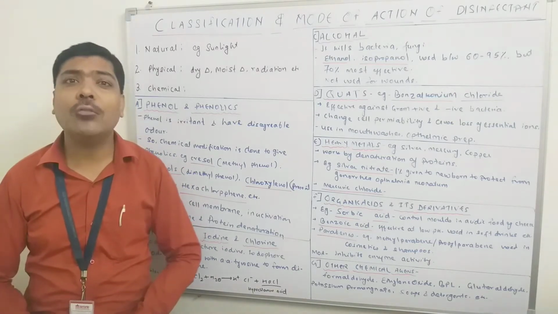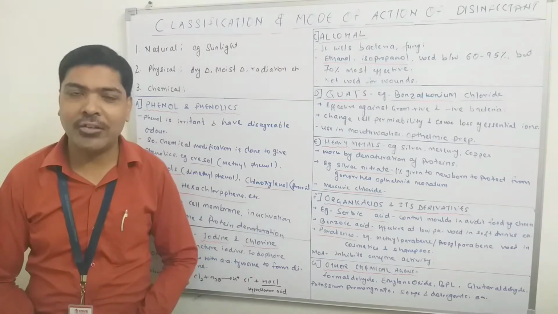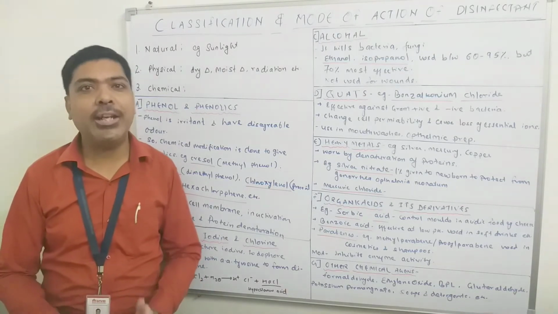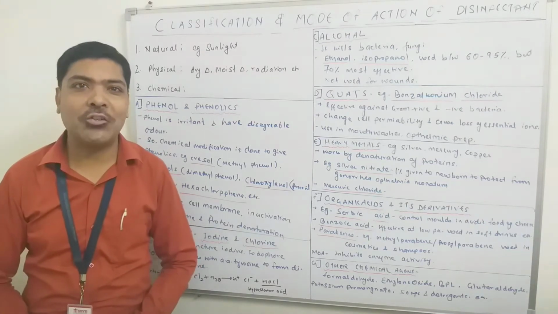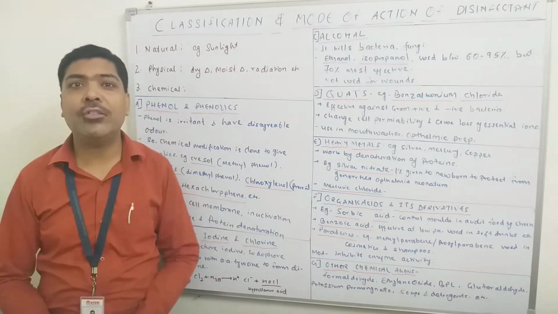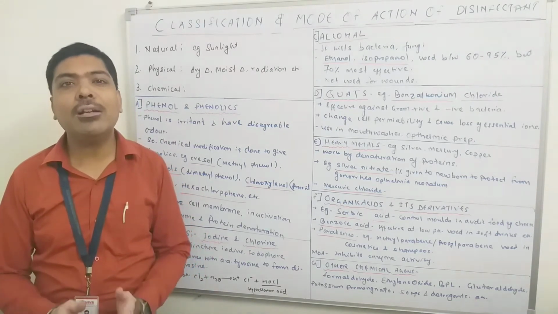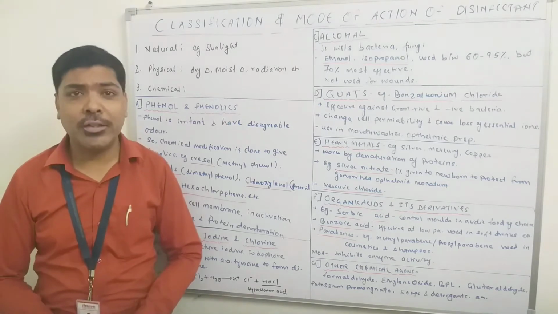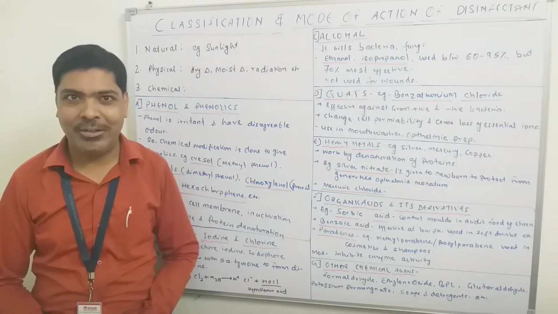The next class includes various physical methods of disinfection, such as dry heat, moist heat, and radiation, which we have already covered in the section on different processes of sterilization. But the third and most important class is the chemical class of disinfectants. So here we'll discuss various chemicals that act as disinfectants.